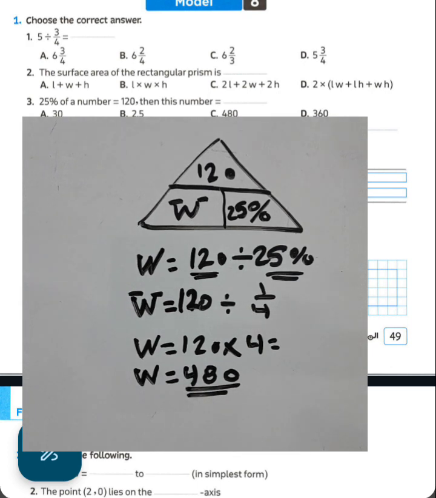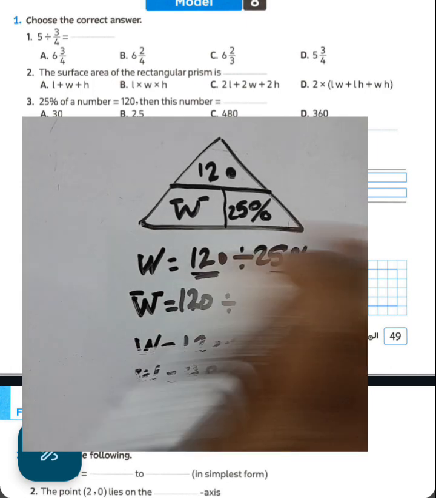Then the number will be 480. Choose letter C. Next question.